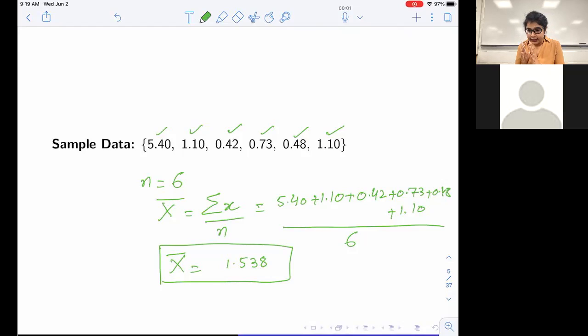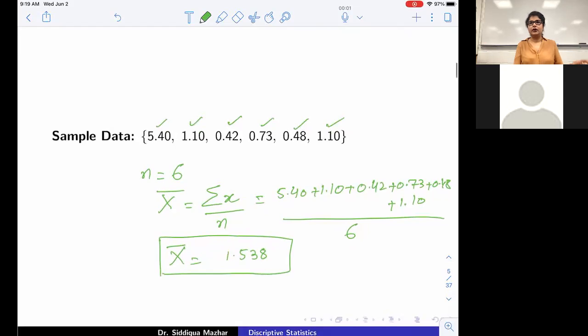Another part of rounding is very important. Here we are just asked for finding the mean of the sample space. Maybe later on you will be asked for something more specific. In that case you will use one value in another formula, and another formula, so you will not round the values until you get your answer at the end of your problem.